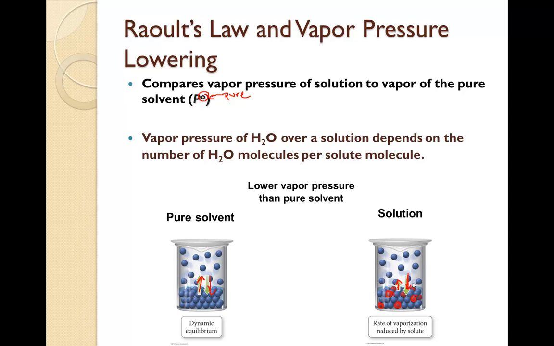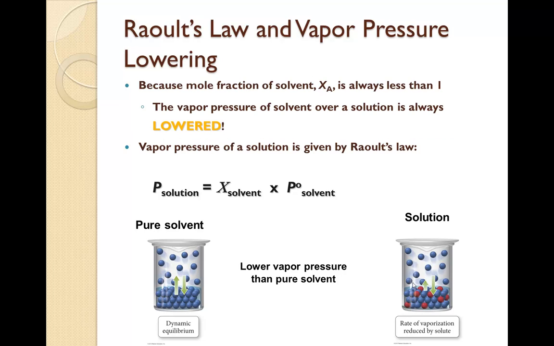Less is escaping. Now, mathematically speaking, because the mole fraction of a solvent is always less than 1, the vapor pressure of a solvent over a solution is always lowered when you add in the solute.